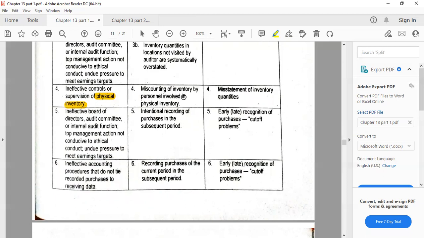For example, one employee is dishonest and there is no supervisor, no supervision at all. So during the physical count, he may say, "I counted 100 here," when in fact he counted only 80.